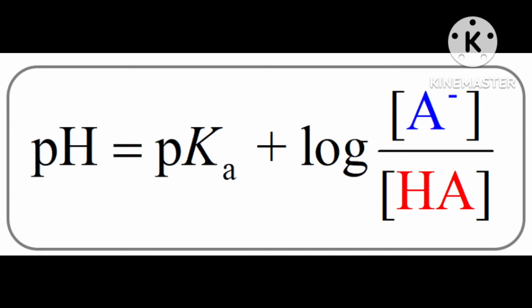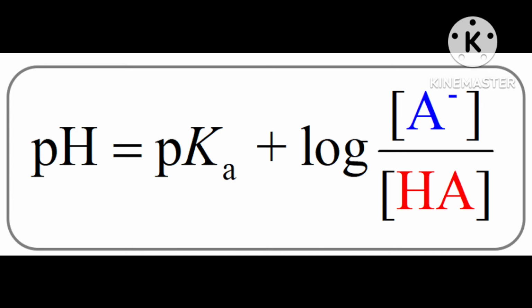The Henderson-Hasselbalch equation is also known this way. In the place of anion, you can write salt, and down, acid is already there. Then pH is equal to pKa plus log molar concentration of salt divided by molar concentration of acid. This is also known as the Henderson-Hasselbalch equation.